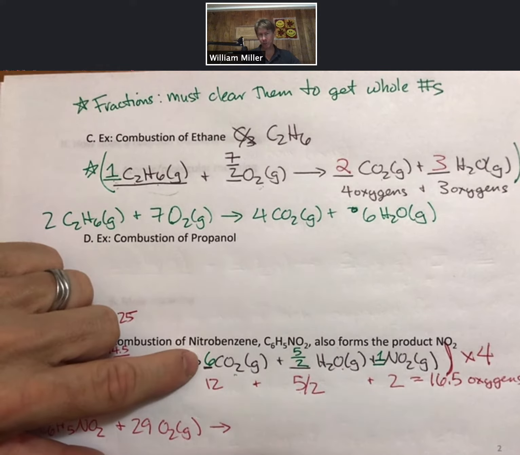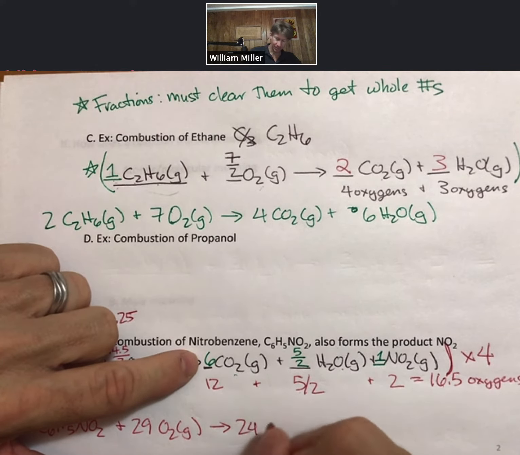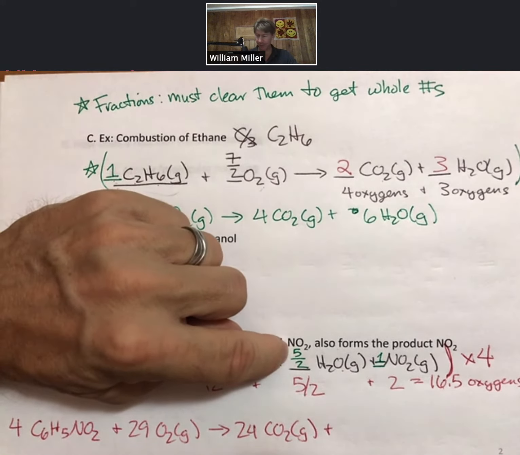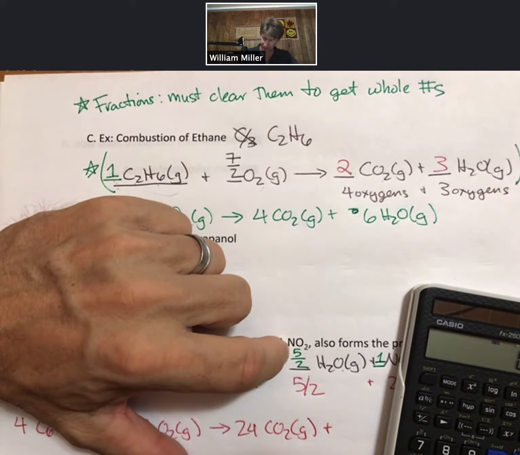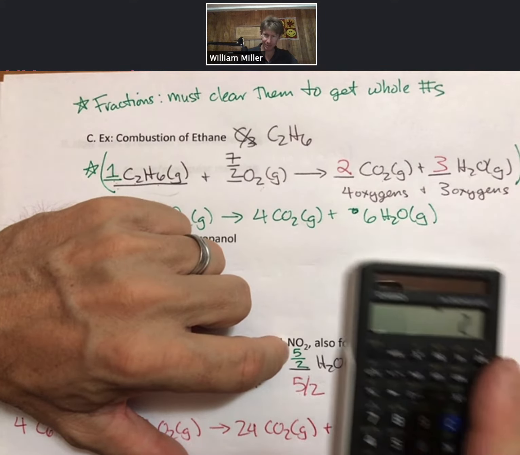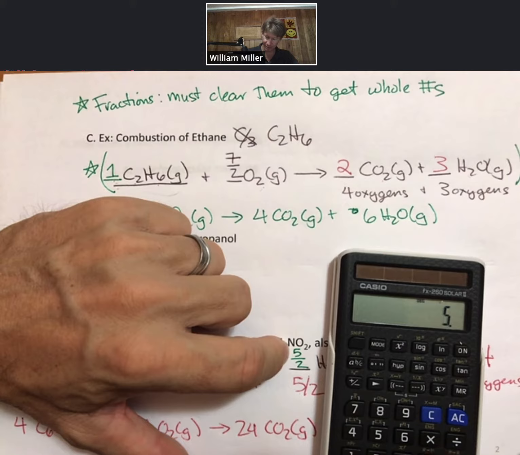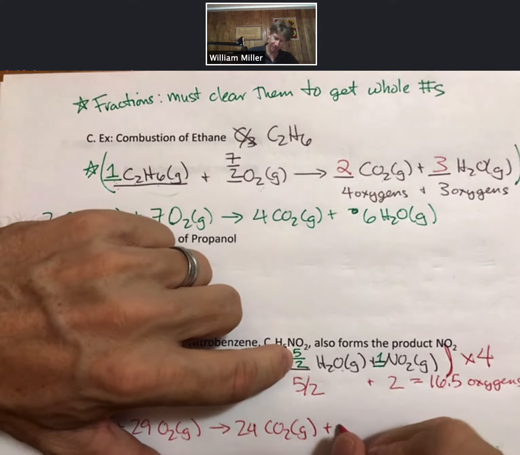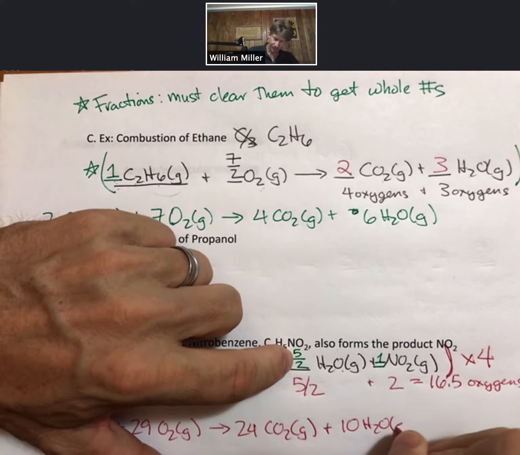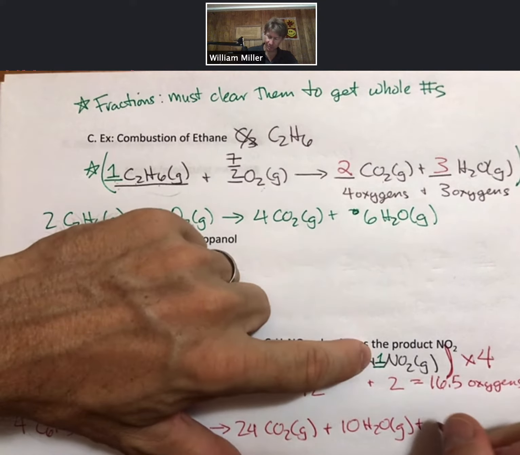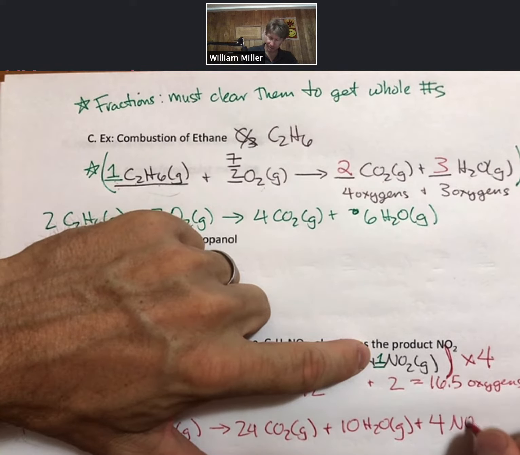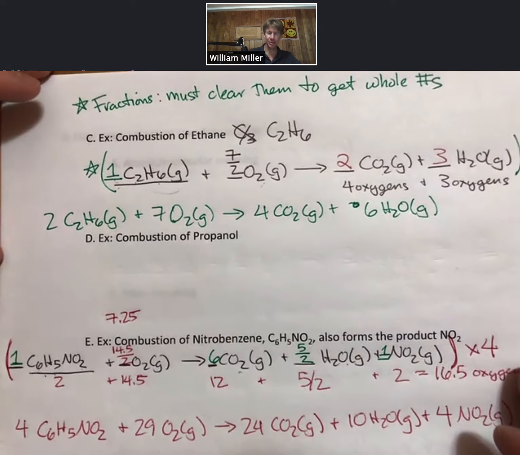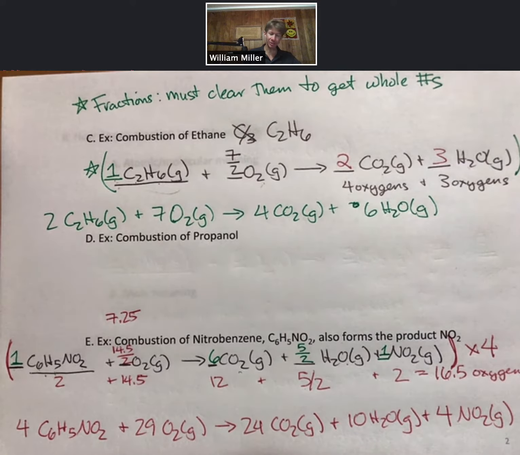I have then 24 carbon dioxides plus 5 halves times 4. 5 halves, let's do this again. 5 divided by 2 times 4, that's 10 H2Os. And 1 times 4 is 4 NO2s. That is the balanced chemical reaction for the combustion of nitrobenzene.